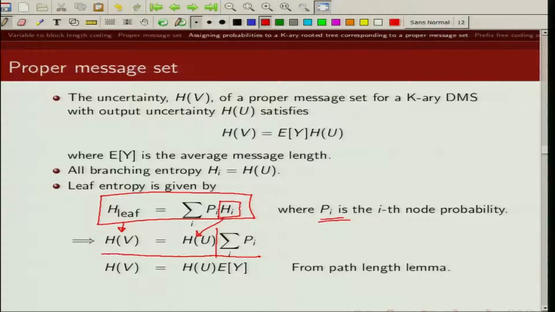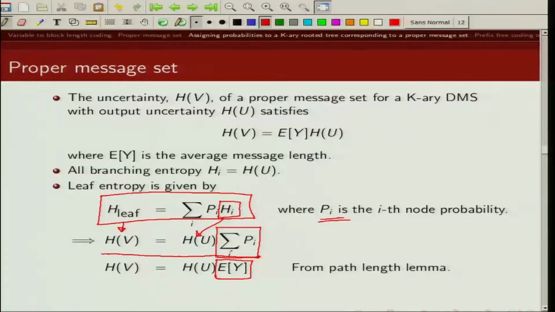And what is this? According to the path length lemma, the summation of Pi's is nothing but the expected value of Y, right? I have from root to each of these leaves, I have my Vi's, which is the parsed message, and the length of that is Y1, Y2, Y3.